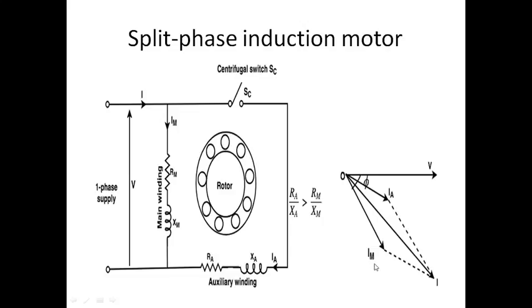IM is your main winding current, and IA is your starting winding current. If you want to reverse the motor, you have to reverse the winding, that's all. This is regarding your split phase induction motor. I repeat, it has an angle of 25 to 35 degrees, and the starting torque is very less in this motor.